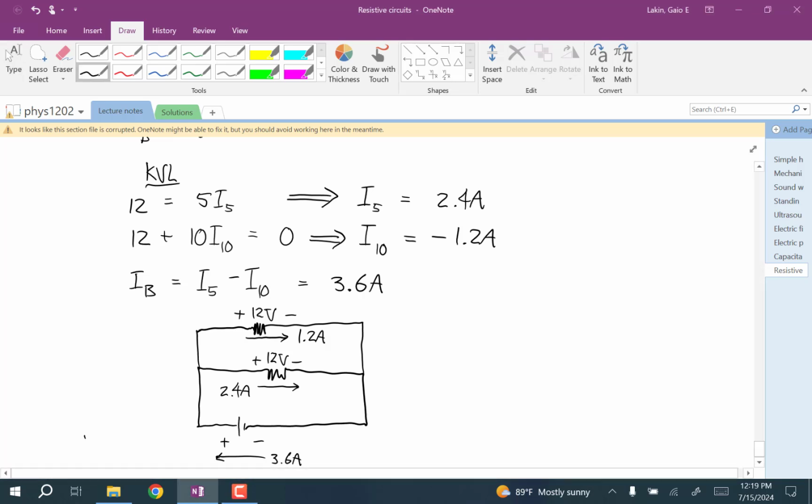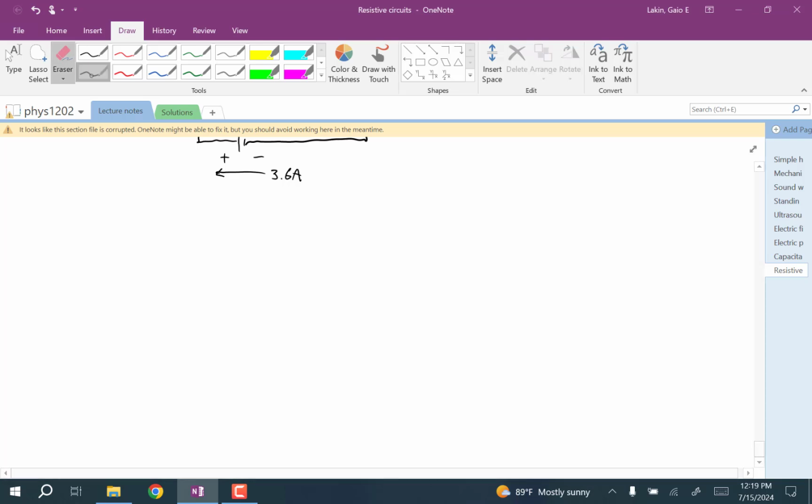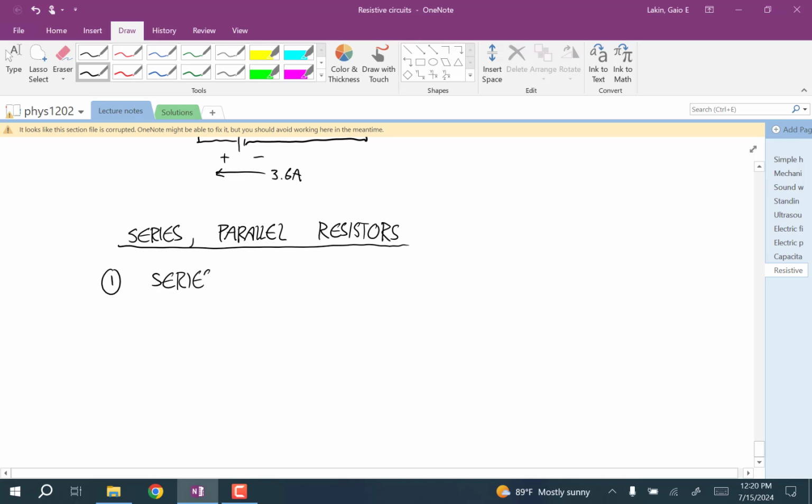One thing that you can sometimes use to simplify this stuff is the idea of series or parallel resistors. And I'm not really going to emphasize these with my questions, but I want you to at least recognize these. Series resistors are two resistors that share one node.